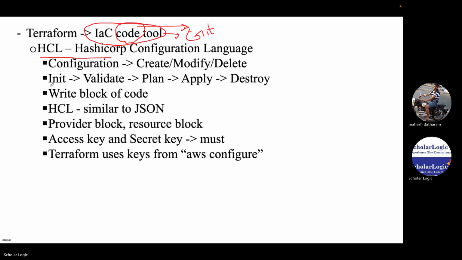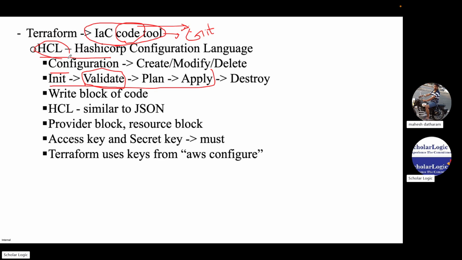Here, there are at least minimum 4 stages to create the resources. Init is all about initializing your environment to talk to AWS cloud, and then validating your source code, the HCL format that you are writing.